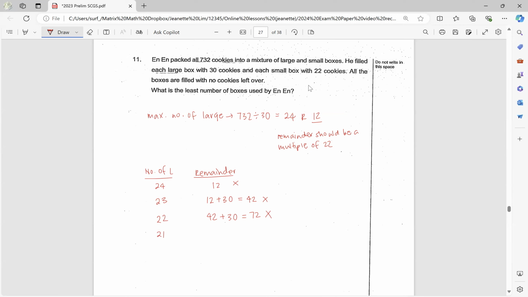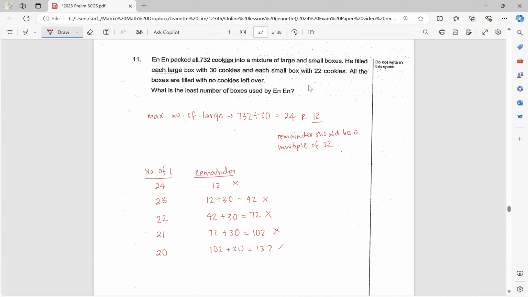We add on 30 again. So 72 plus 30, 102, is also not a multiple of 22. So one more time, we add 30 again. This time, 132. If you divide by 22, you actually get a nice number. So this is actually a multiple of 22.